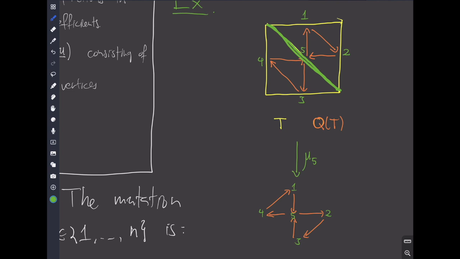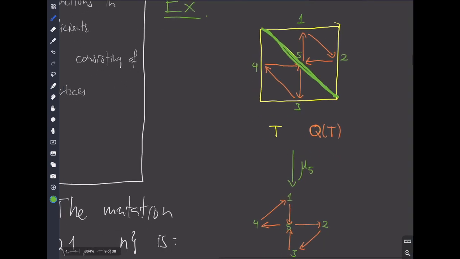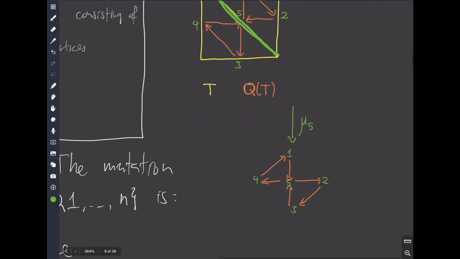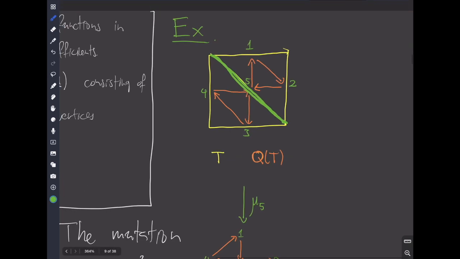let me call them lambda. I mean, just because. So here I would start with, let's say, lambda underlined, equal lambda 1, lambda 2, lambda 3, lambda 4, lambda 5.